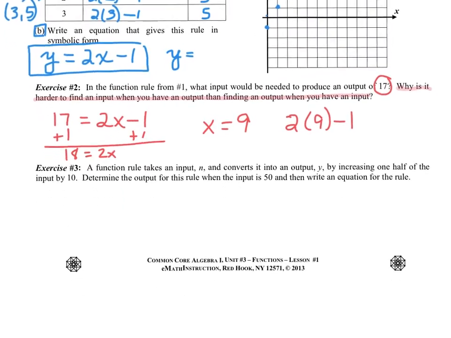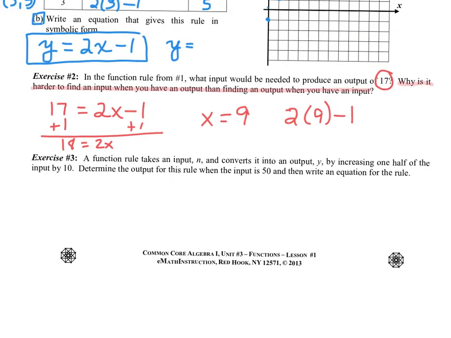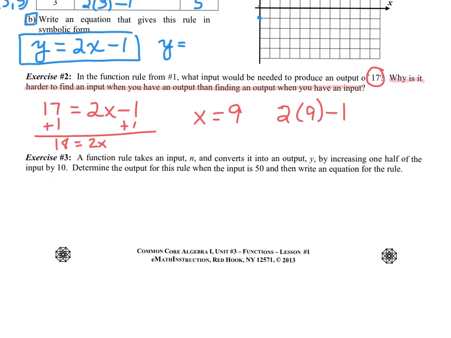All right, exercise 3 here says, a function rule takes an input n and converts it to an output by increasing 1/2 of the input by 10. Determine the output for this rule when the input is 50 and write the equation for the rule. Okay, I'm going to start with the equation here instead. It's going to take an input called n and convert it to an output called y. So we're going to start with y equals again.